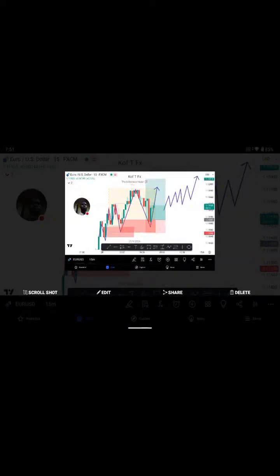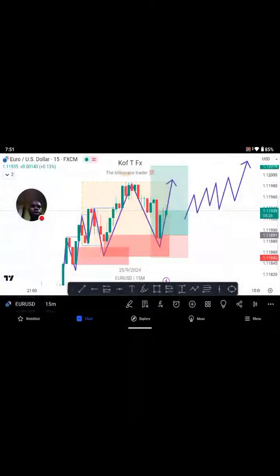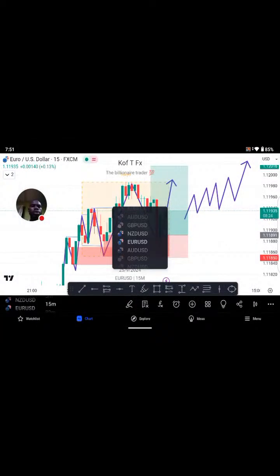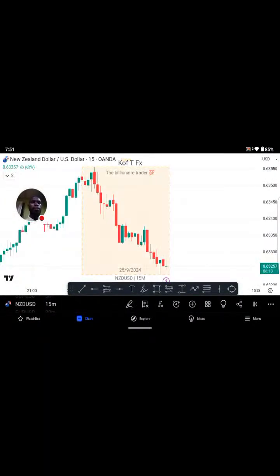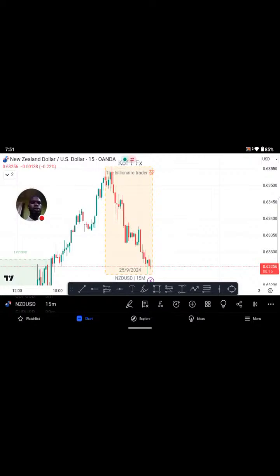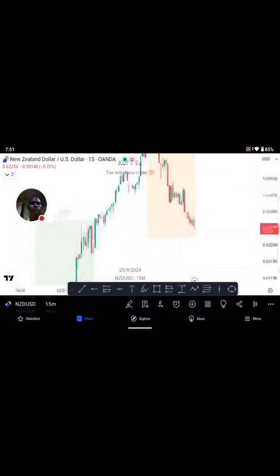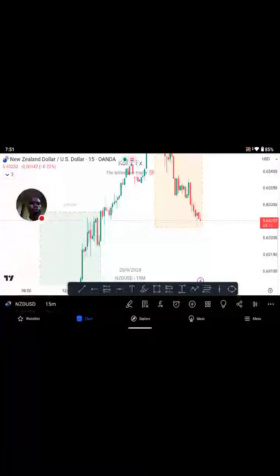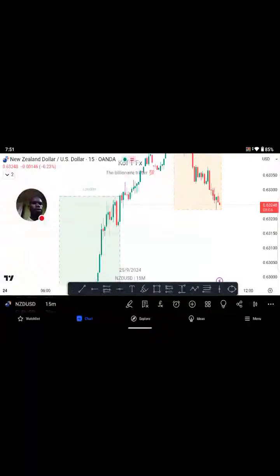So let's check other currency pairs to see if we can have a setup that has not been mitigated, that's not been playing out already. Okay, this is NZDUSD.